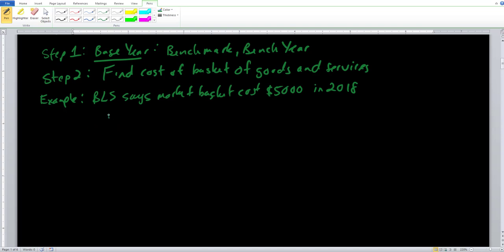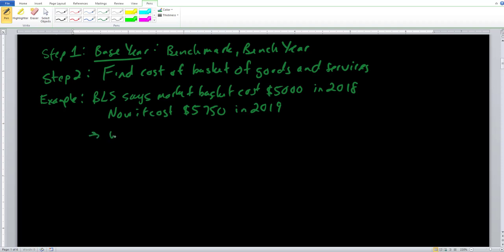Now it cost $5,750 in the next year, in 2019. So once again, just choosing arbitrary years right here. The question that we want to ask is, what is the CPI for 2019 using 2018 as a base year?